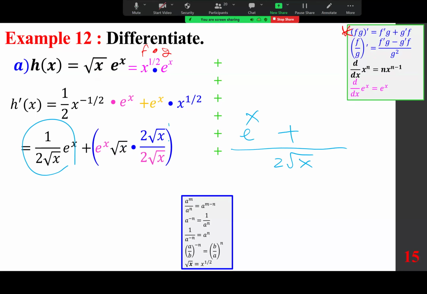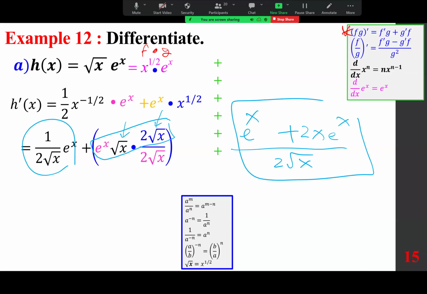And when you multiply these two, you get e to the power of x times square root of x times 2. So 2 square root of x, and square root of x gives you x e to the power of x. You can leave it like that. You can factor e to the power of x, and you get 1 plus 2x.